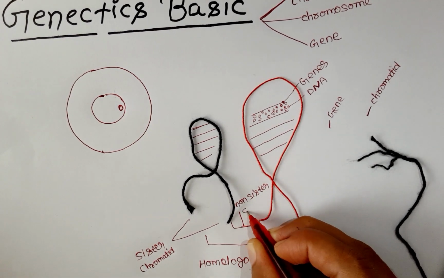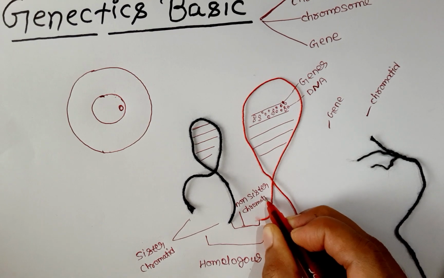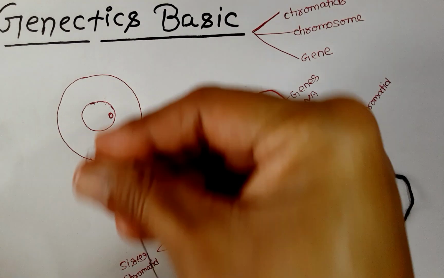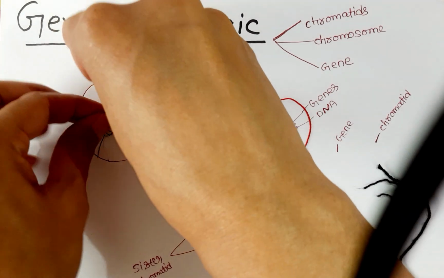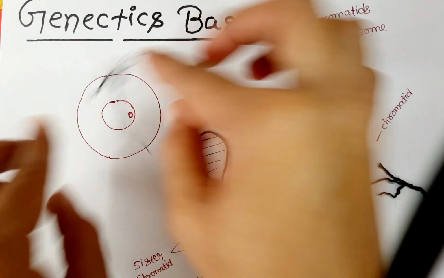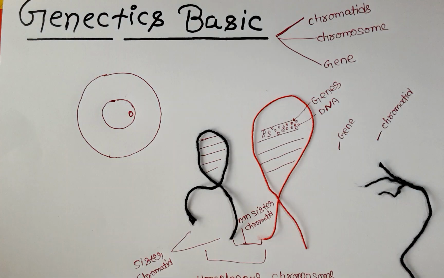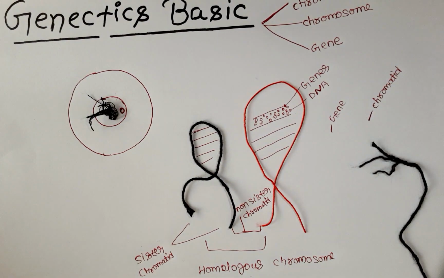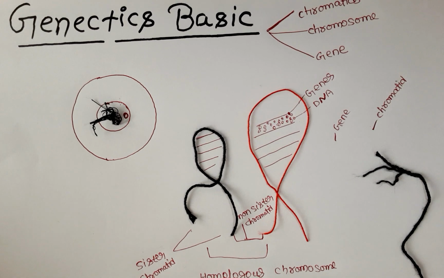They both are separate, non-sister chromatids. So when they are in the initial stage, they are present like this.